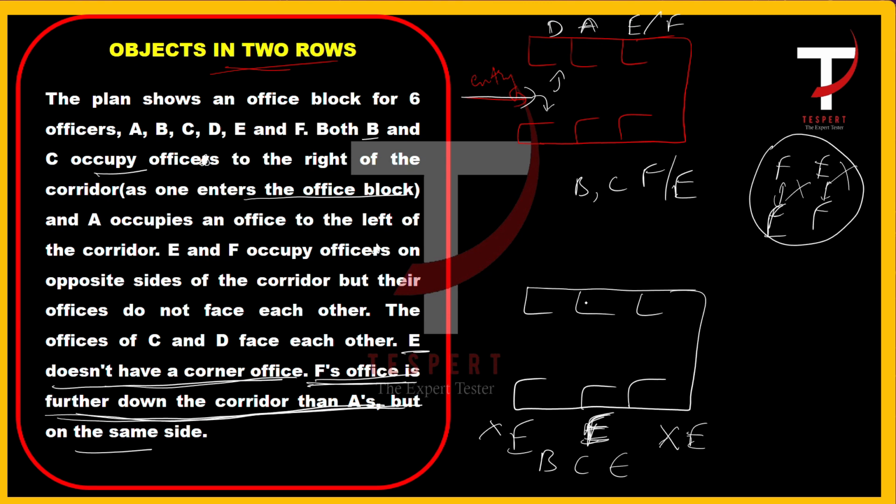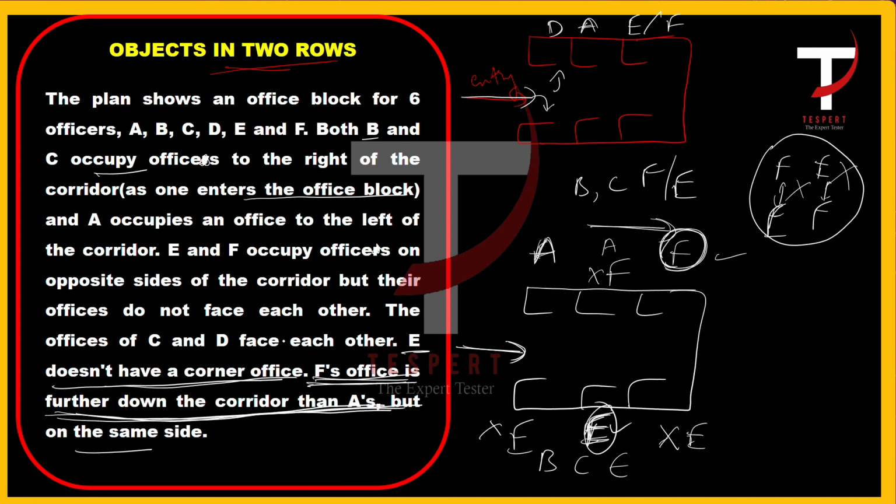So E is here, so F shouldn't be here. So F must be either here or here. But what is given here? F's office is further down the corridor than A's. So down the corridor means this is the downside. So we are entering here in this direction, right? So A must be either here or here. But F should be here because it is further down the corridor, right? So F is here, this is confirmed, and E is here, this is confirmed.